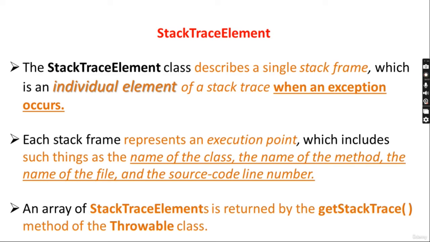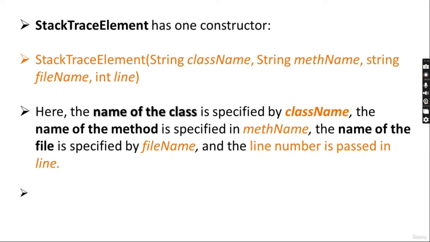This will describe a single stack frame in which an individual element of a stack trace is displayed. Okay, this stack frame represents the execution point whenever an exception is occurring: the name of the class, name of the method, name of the file, and source code line number where the exception has occurred.